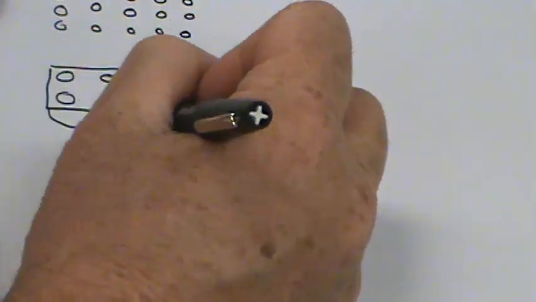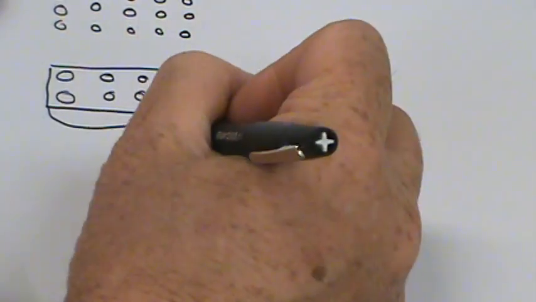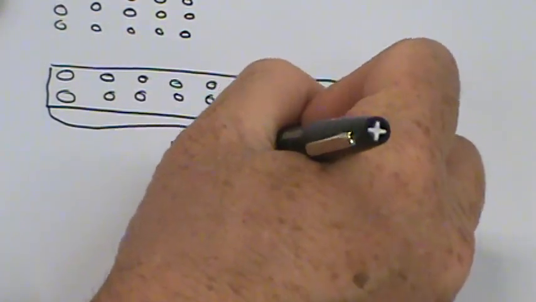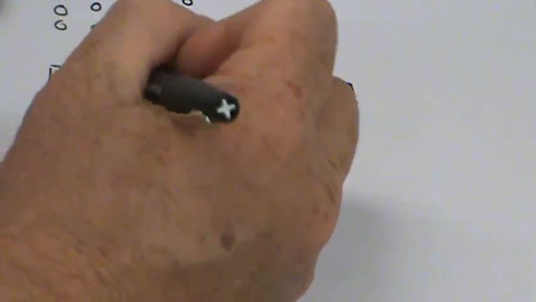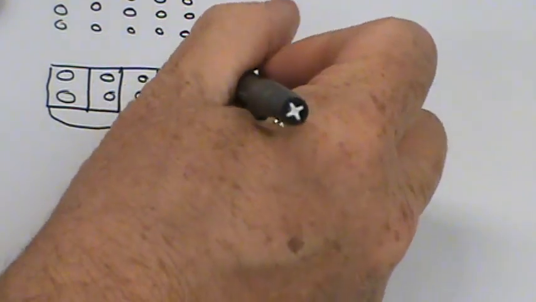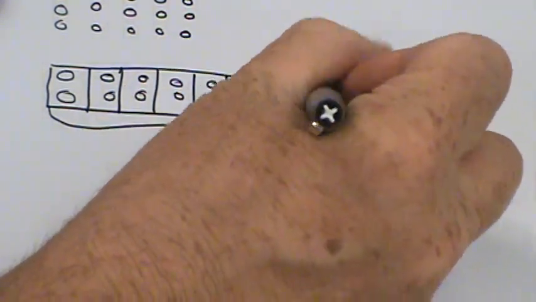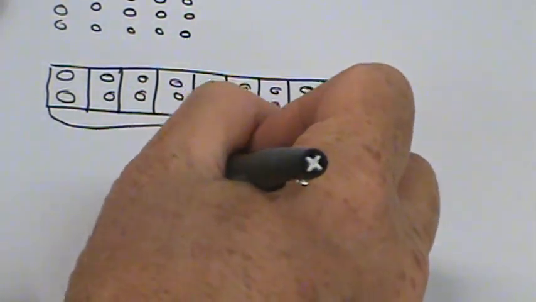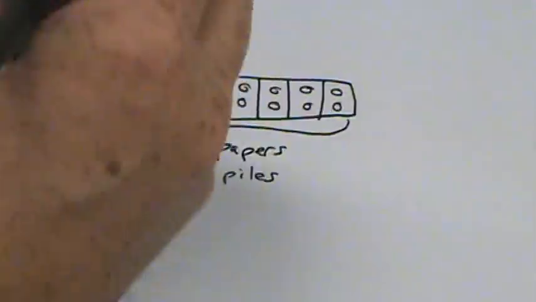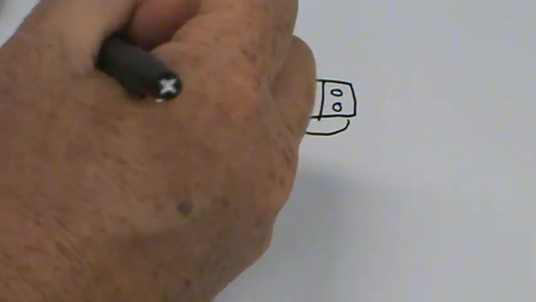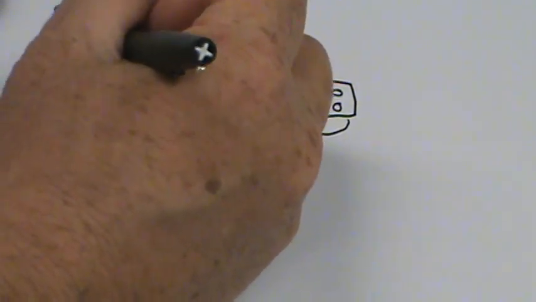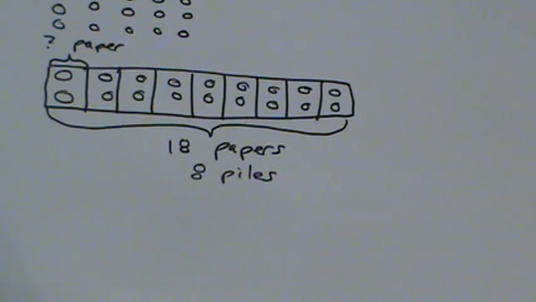We know with our bracket that there are 18 papers. What we don't know, and I'm going to go ahead and divide these. We do know there's 8 piles. What the question is asking us is how many papers are in each pile. That is what we don't know. That's the big question, boys and girls.